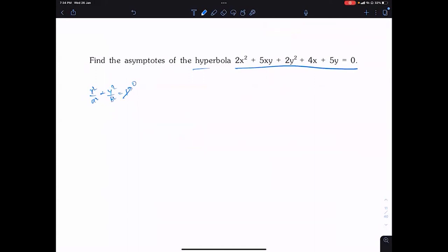The point is simple. The hyperbola equation and the asymptote equation differ by a constant, that's all. You see here, the hyperbola equation is x square by a square minus y square by b square minus 1 equal to 0. What will the asymptotes be?